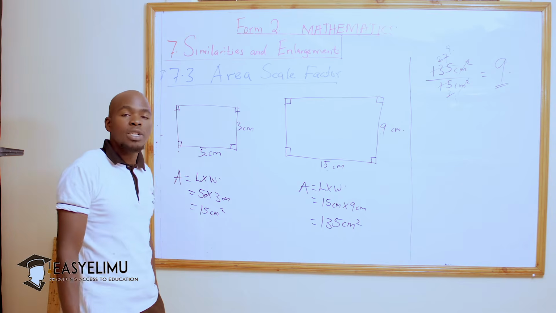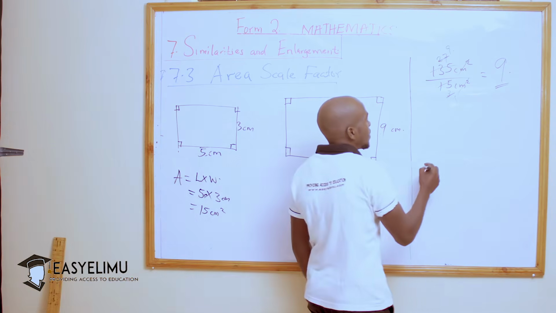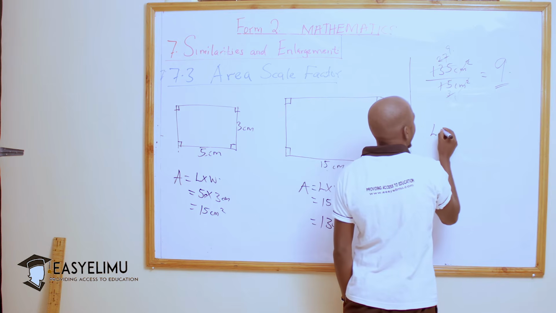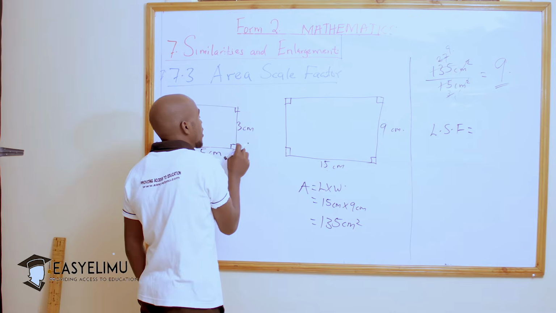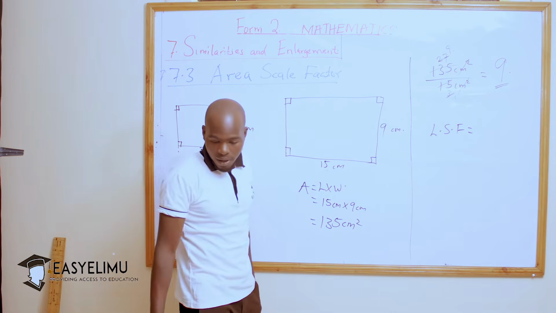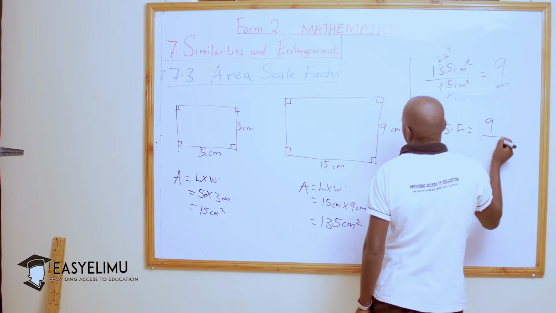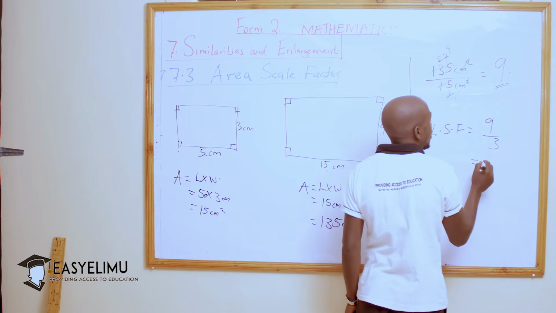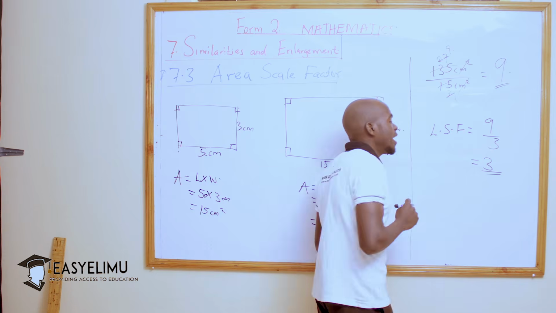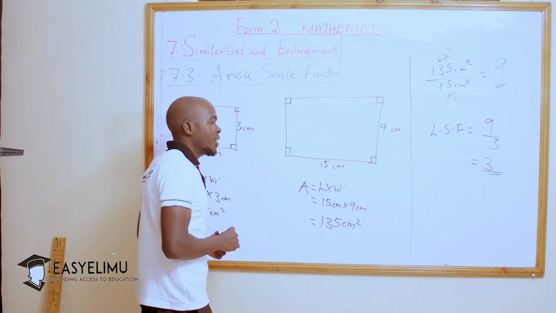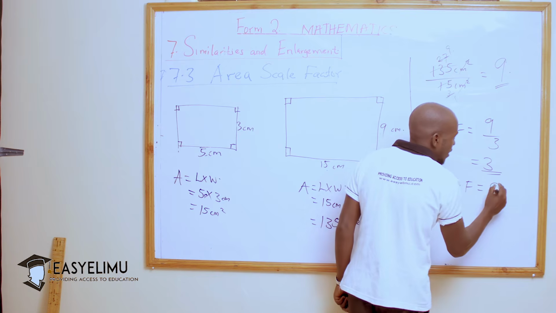But if we work out the linear scale factor from the two, taking corresponding sides such as 9 over 3, that is going to give us 3. So we are getting linear scale factor as 3. But remember, area scale factor we got as 9.